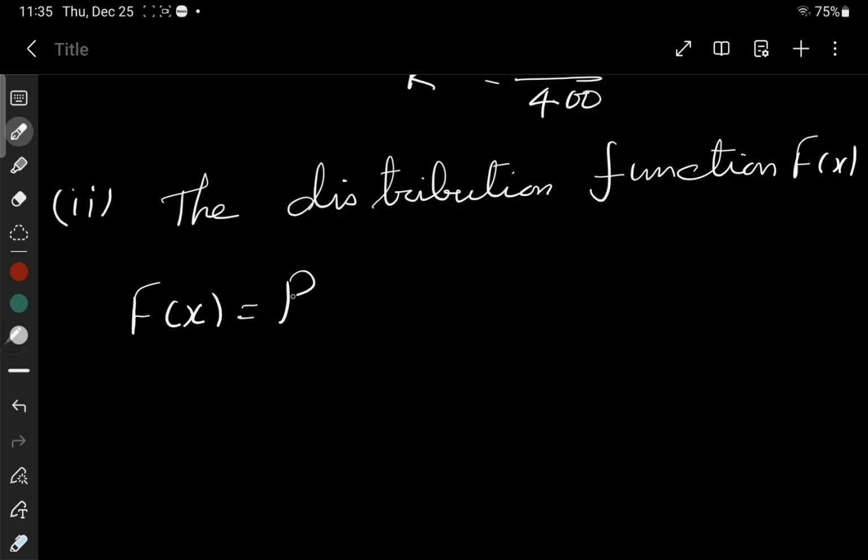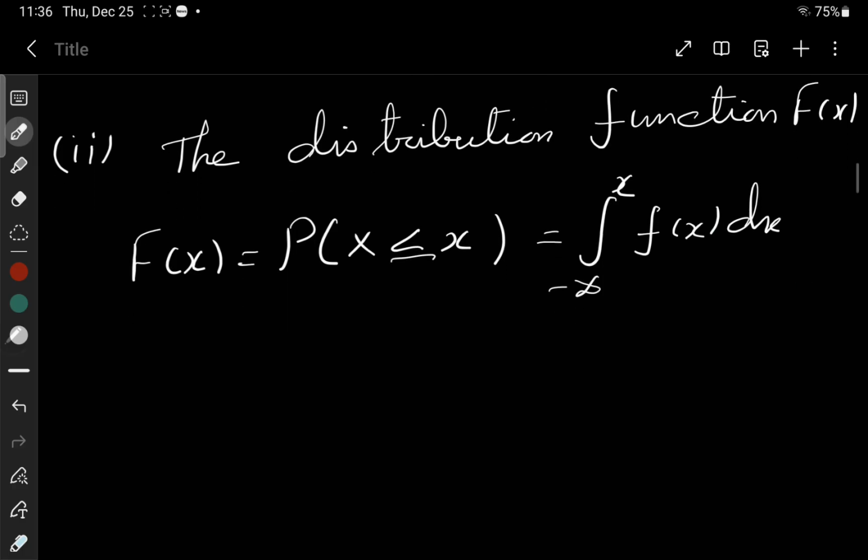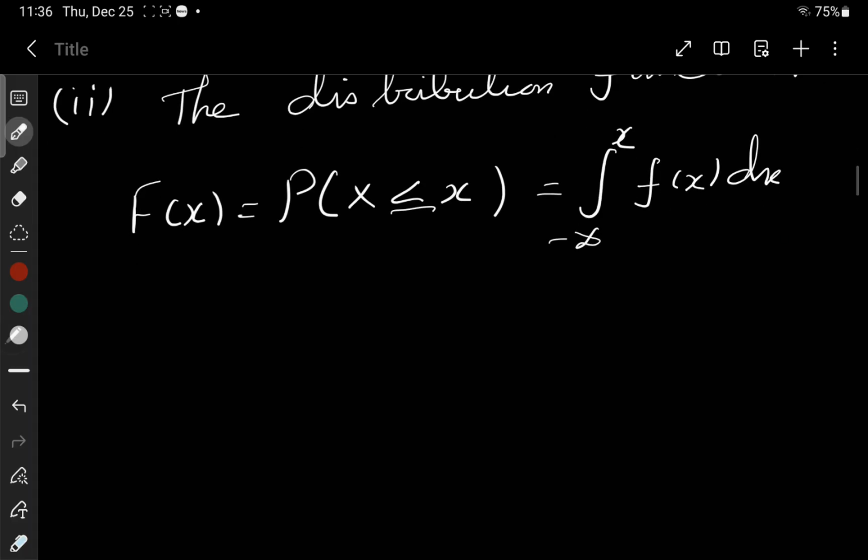This is P of capital X less than or equal to small x. This is equal to, from the definition of density function, the integral with lower limit minus infinity, upper limit x, of f of x dx.